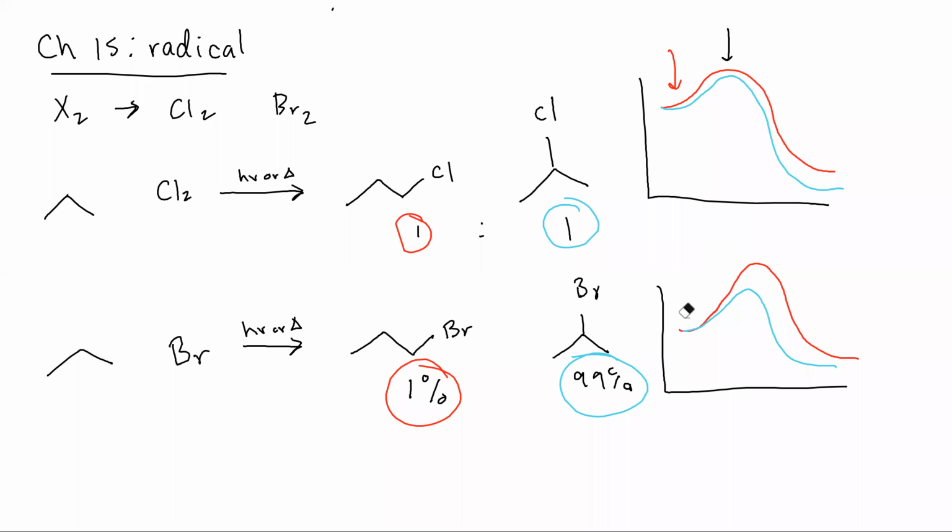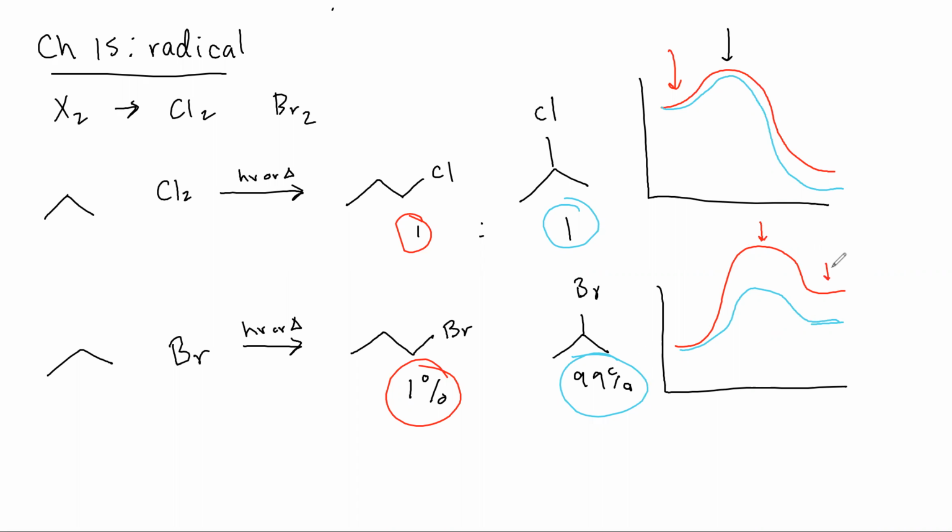Let me redraw that. The bromination would look like this. So we can see with the blue, with the more stable alkyl halide, we have a significantly lower transition state and more stable products. And it would be the opposite with the less stable one: a higher activation energy, a higher energy radical intermediate.